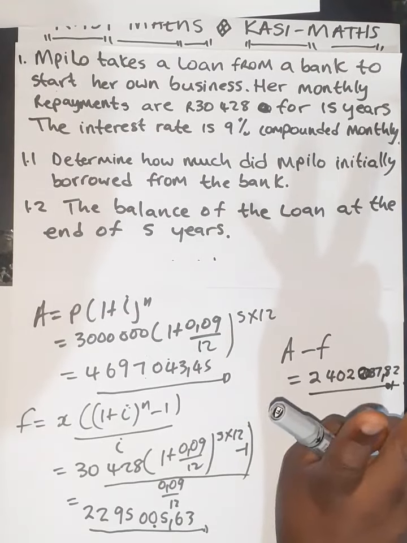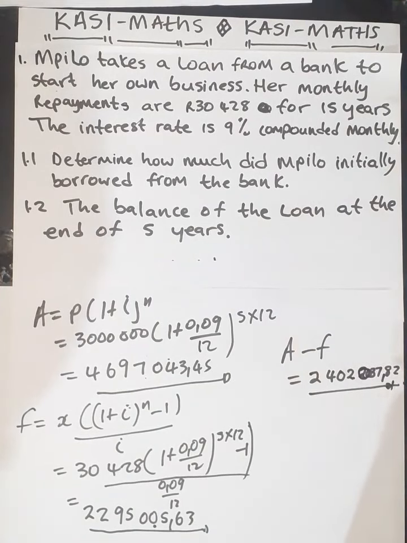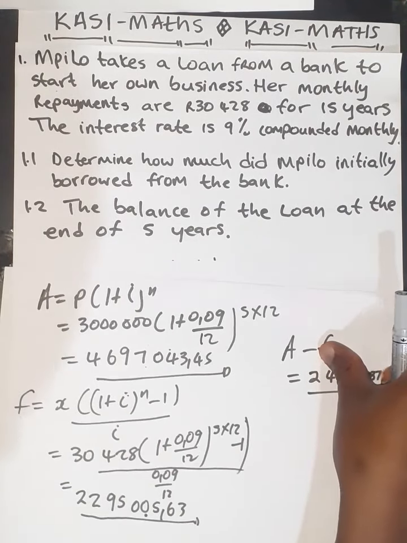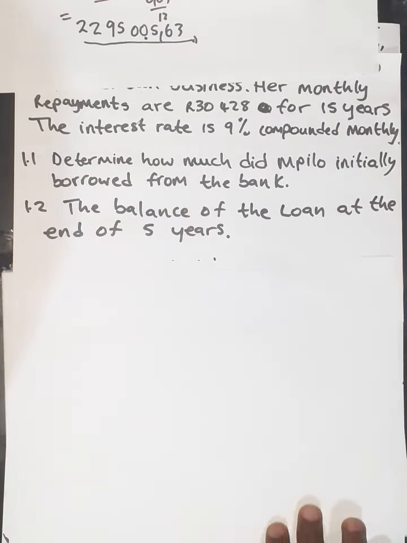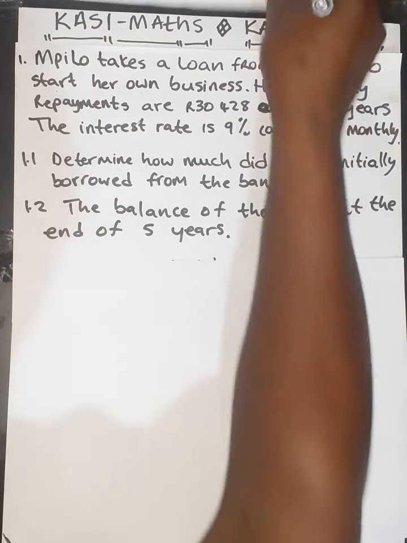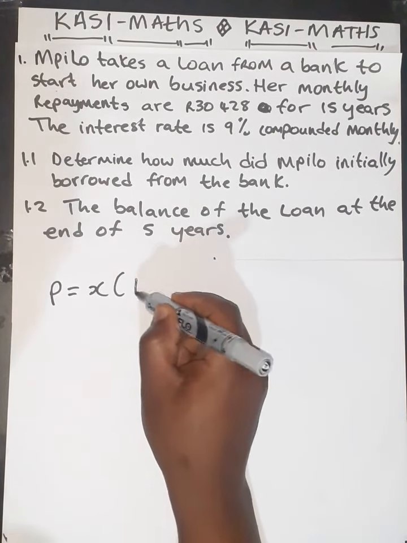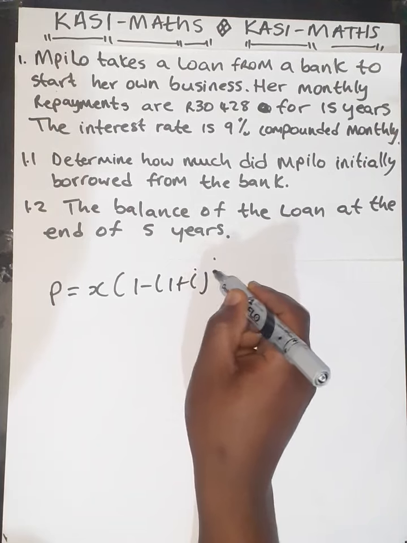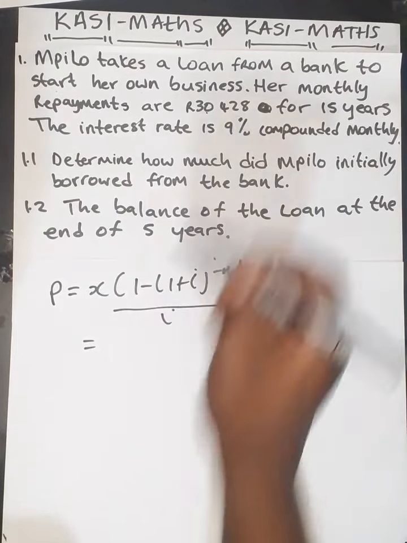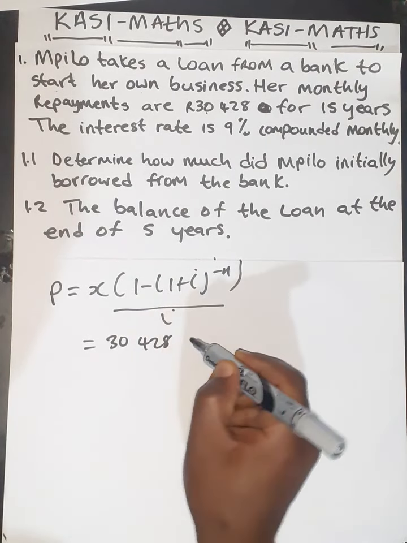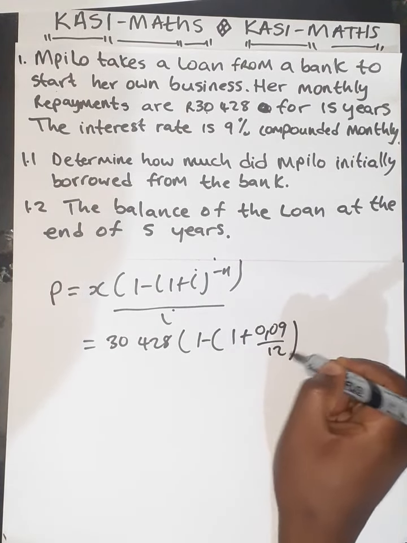So there are two ways of calculating it: one using A and the future value, and a shorter one using just the present value. If we use the present value formula, we say P equals X times (1 minus (1 plus i) raised to negative n), divided by i. X is 30,428, 1 minus 1 plus interest 0.09 divided by 12.